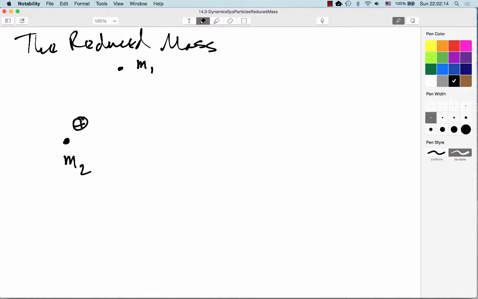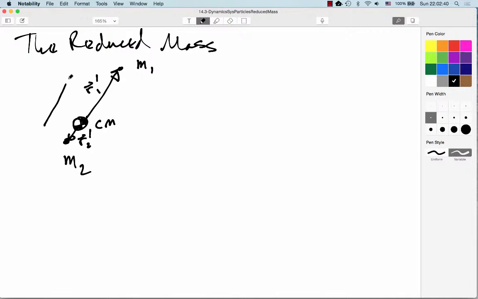Alright, so we'll put the center of mass right here, closer to the planet, closer to the star, like so. So we're going to take a look at this in center of mass coordinates. So in center of mass coordinates, this would be R1 prime, and that would be R2 prime.